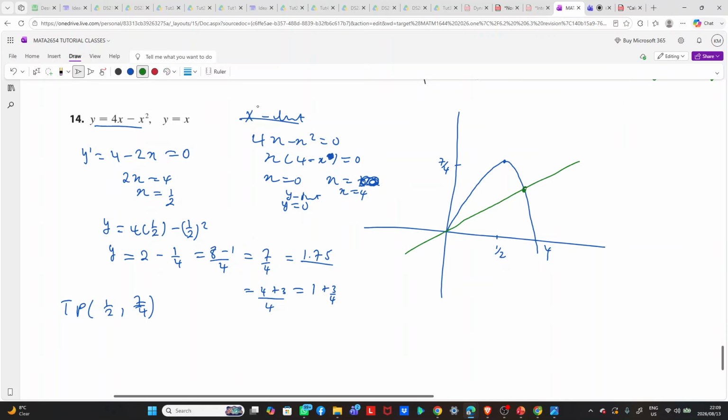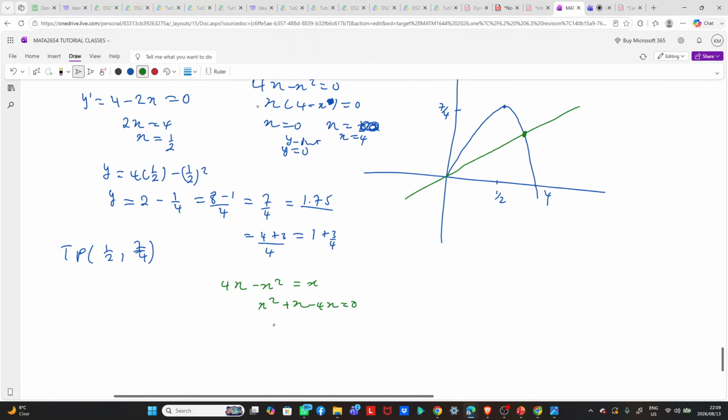Then we need to find out what is the x value and the corresponding y value at the intersection. So at the intersection, these are going to be the same: 4x minus x squared equals x. You take this to the other side, you have x squared plus x minus 4x equals 0.